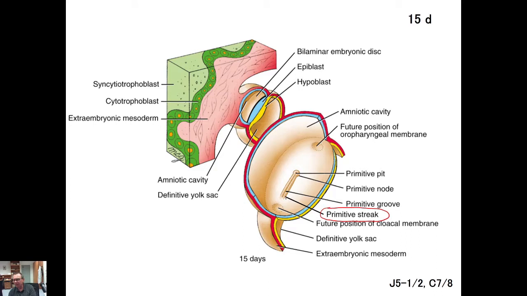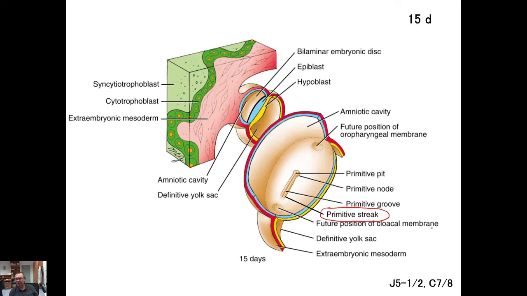It is a thickening of the epiblast in the midline, situated in the future caudal part of the embryonic disc. So when this long thickening, sagittally situated, appears, we recognize, yes, here will be the caudal end. Near the primitive streak, later, let's say 1-2 days later, the cloacal membrane will develop.